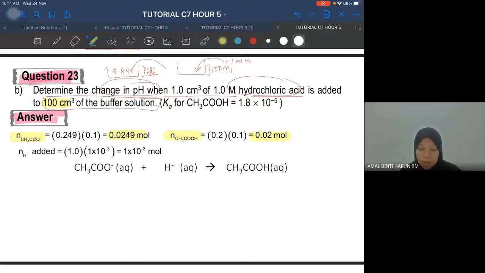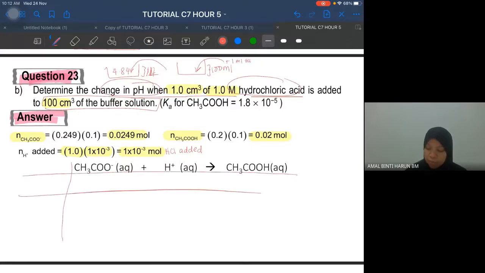Okay, after that, we calculate the number of mole of the acid added. So the volume and concentration are given. So molarity times volume gives the number of mole of strong acid added. So this one is HCl added. Now we want to find the difference in the number of mole.